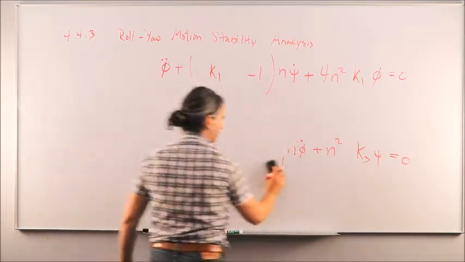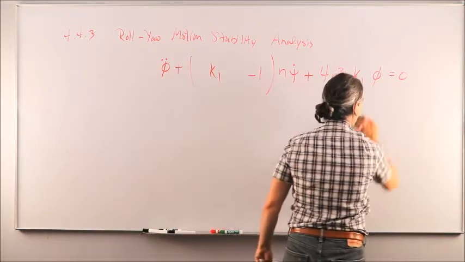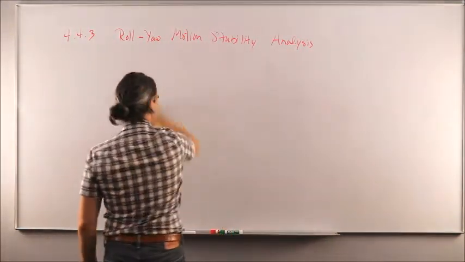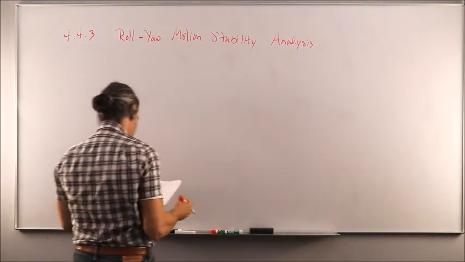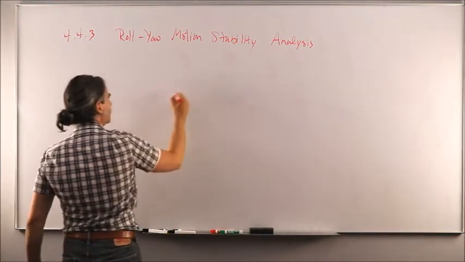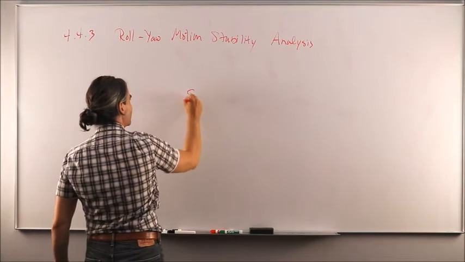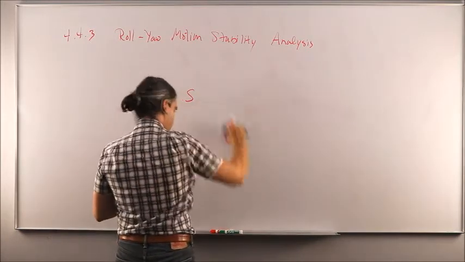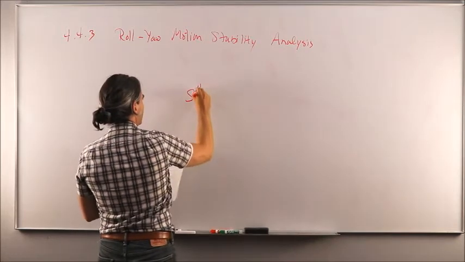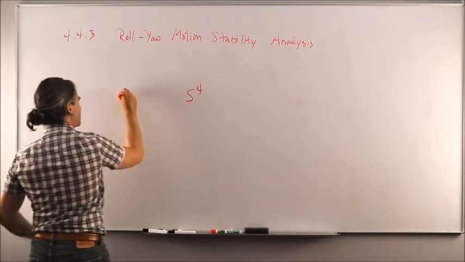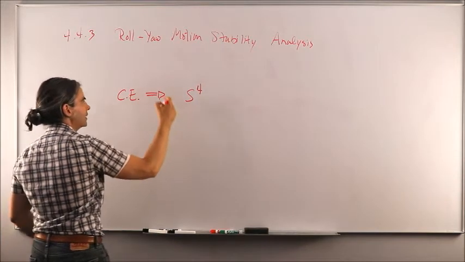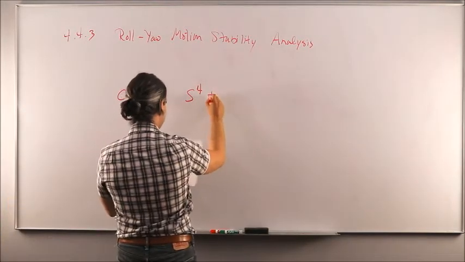Okay, so skipping a few steps ahead, I've applied the Laplace transform. I've expressed everything in a matrix form. I've been able to extract the denominator of those two equations, and then I can use the denominator to get my characteristic equation, CE, which is simply the denominator set to be equal to 0.